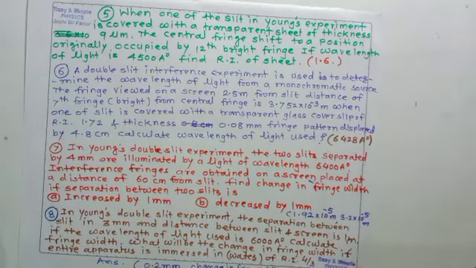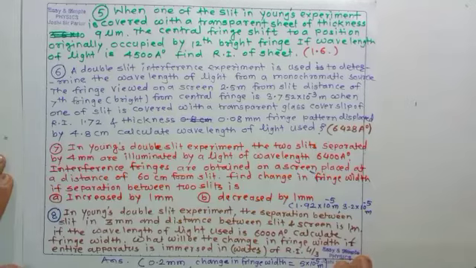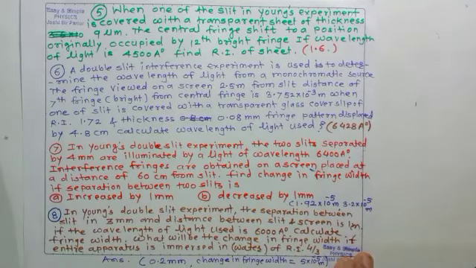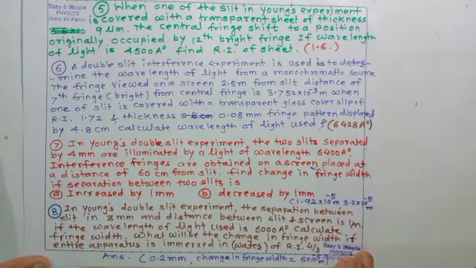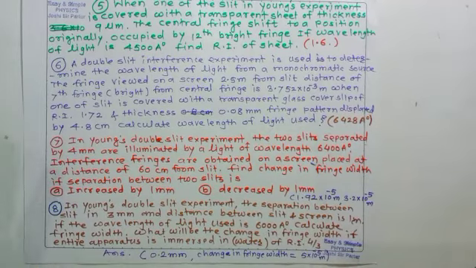So here a total of 8 examples will be there. The answers to these 8 examples will be given, and students should also solve all the examples given in the assignment for more practice. Thank you.